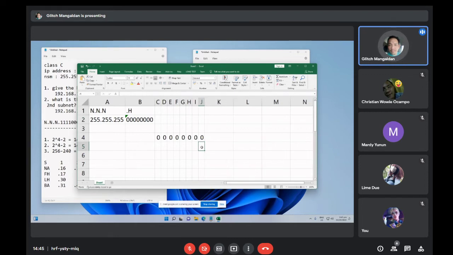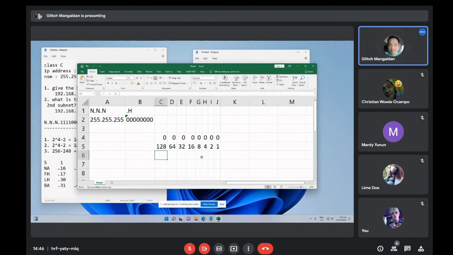Okay. So, remember, you need to convert this into binary. Syempre, yung 2 raised to 1, laging 1 to, di ba? Then, this is 2. This is 4. Powers of 2: 8, 16, 32, 64, and this is 128.